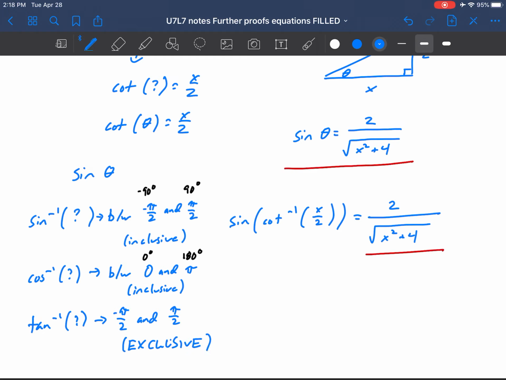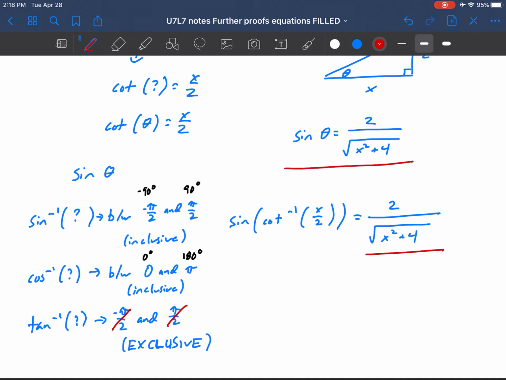So that means negative pi over 2 and pi over 2 are not included.